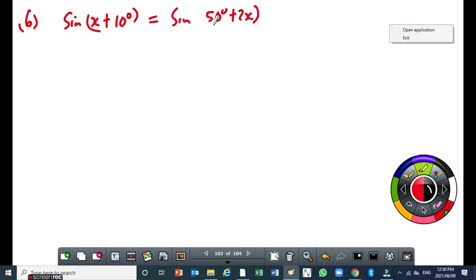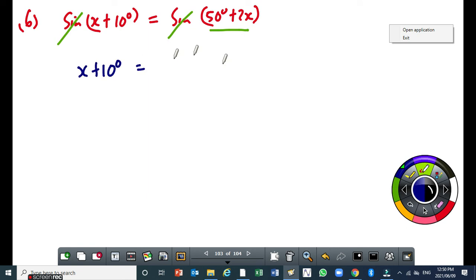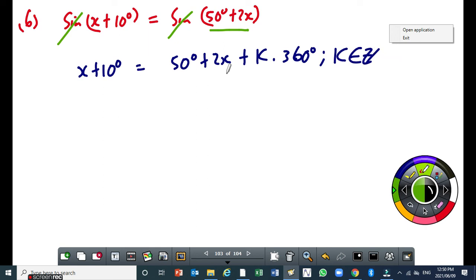Right, we just need to find the general solution here. So here you treat this 50 plus 2x as your reference angle. So we drop the sine on both sides, and we end up having x plus 10 degrees equal to 50 degrees plus 2x plus k times 360, where k is an integer. Now, this reference angle caters for the first general solution.